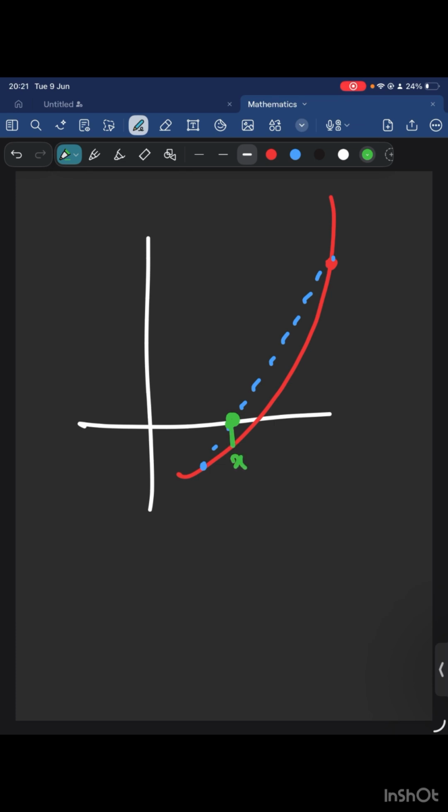Let's say this is x2. After that, you take this point, x1, and x2, and again make another secant, and it will cut the x-axis again, and you get another point. This is the secant method.